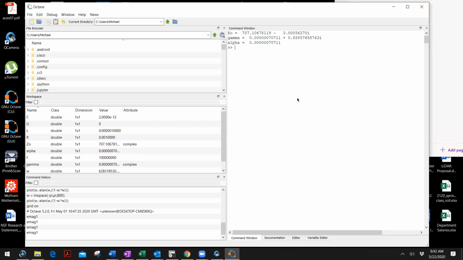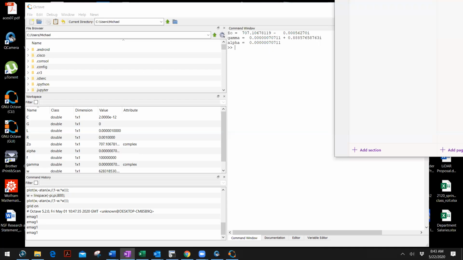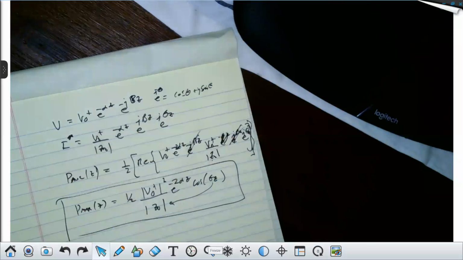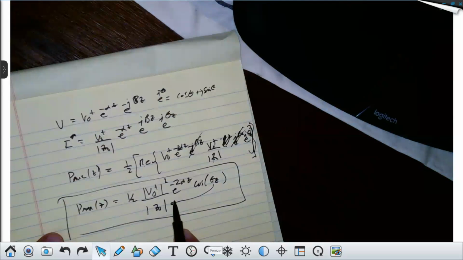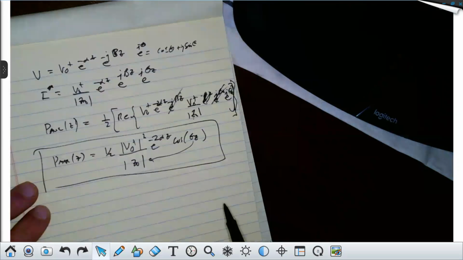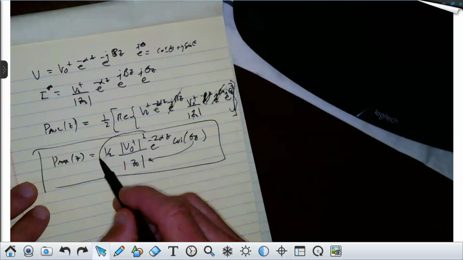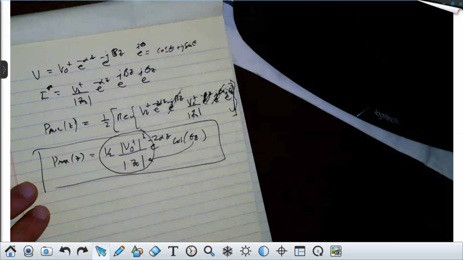Now, remember, power flow in general is equal to this equation right here. This is power flow in general, right? Y'all see this? I want to recast this slightly differently. You see this term right here? That's really the power that's flowing when z is 0.